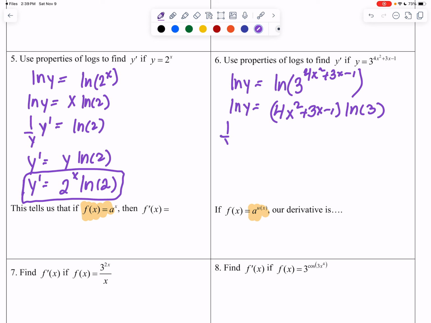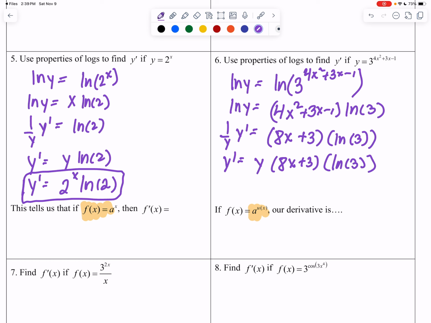So I have 1 over y, y prime. Ln of 3, think of it as a coefficient because it's a number. So now we have (8x plus 3) ln of 3. And then y prime is equal to y, (8x plus 3), ln of 3. And then we know that y is the same thing as 3 to the 4x squared plus 3x minus 1, times (8x plus 3), and then ln of 3.